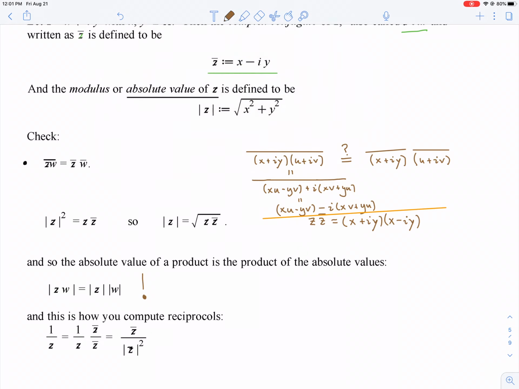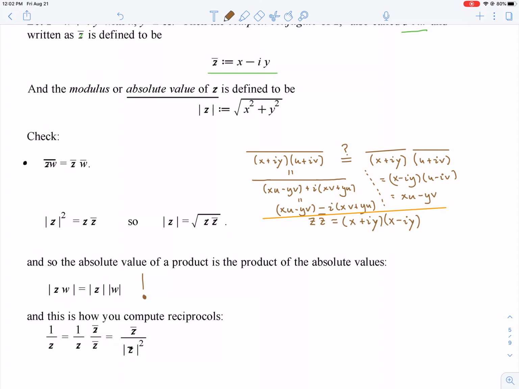Whereas if I work on the right, x plus iy bar is x minus iy, times u plus iv bar is u minus iv. And that gives me xu. So I'll get a minus i times a minus i, which is a minus, minus is a plus, times i squared. So that's actually minus yv.